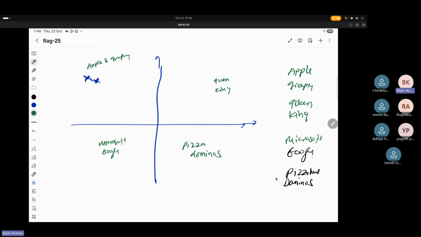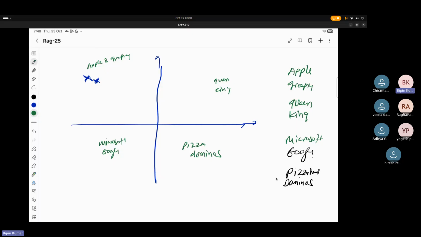Okay, so this embedding model basically separates the words based on meaning.